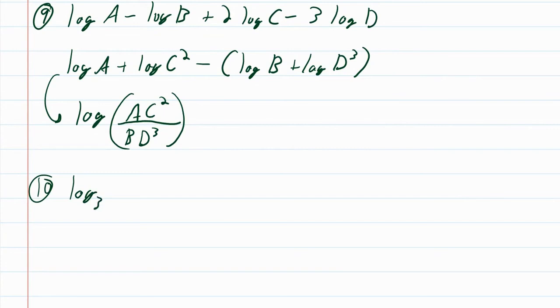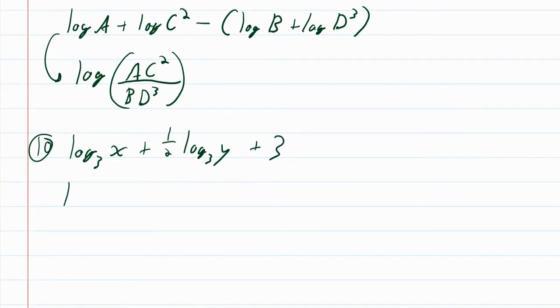Sometimes these look a little bit different with numbers. If I have the log base 3 of x plus 1/2 the log base 3 of y plus a 3, I want to bring this to a single expression. First, I need everything to be log base 3's. So log base 3 of x plus log base 3 of y to the 1/2 plus 3 would actually be the log base 3 of something.